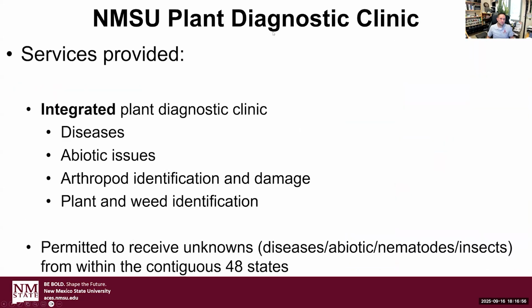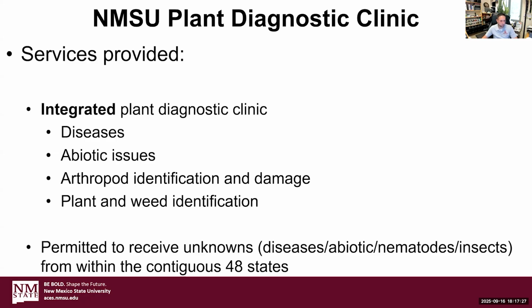And so some of the services that we provide: we are an integrated plant clinic, meaning we can handle plant diseases, we identify those, but we can also work with the growers on some of the abiotic issues. Maybe you're having soil issues, or maybe the growing zone is not appropriate for that type of plant or tree. We can also do arthropod or insect identification.